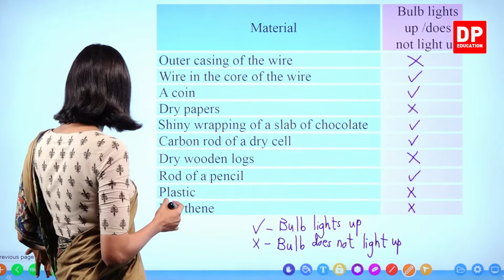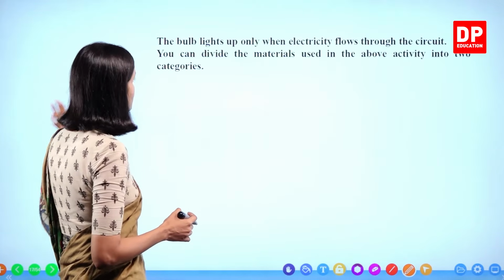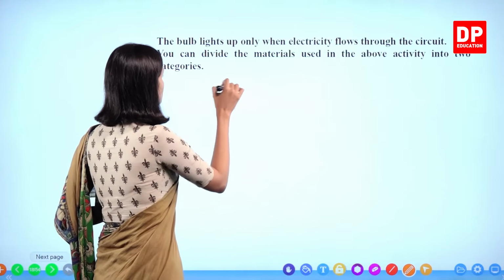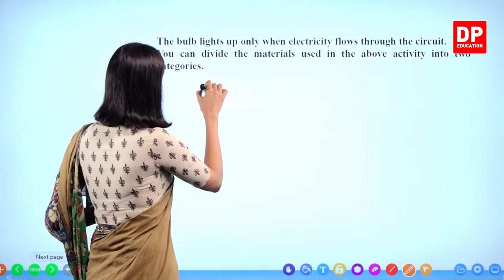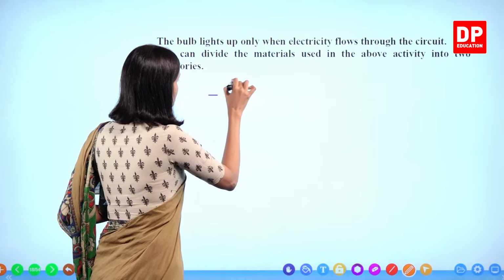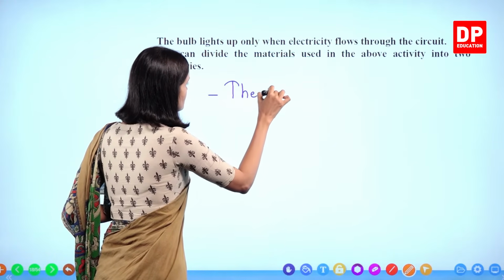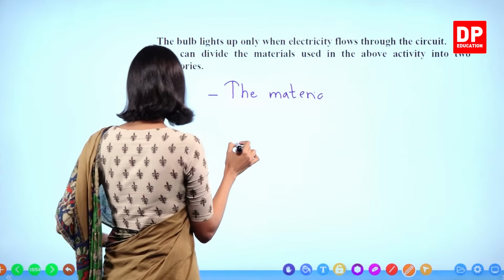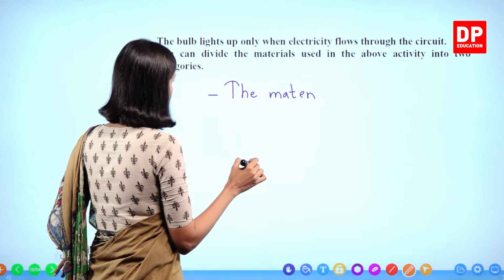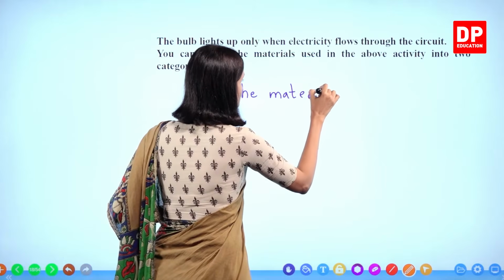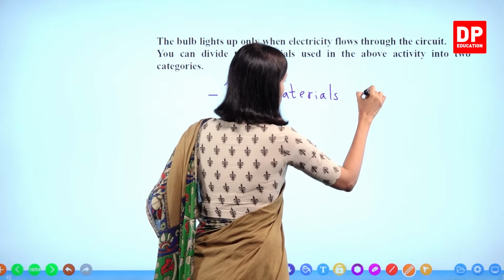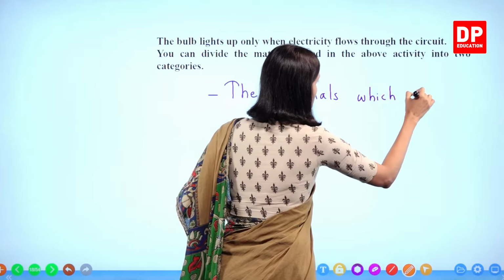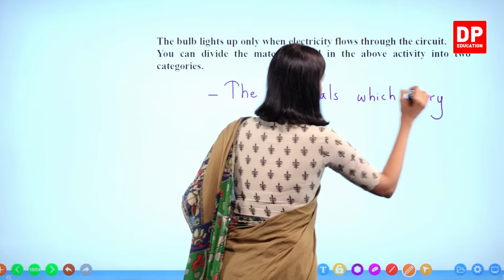Okay, let's write. So what are the two categories? Number one, the materials which carry electricity.